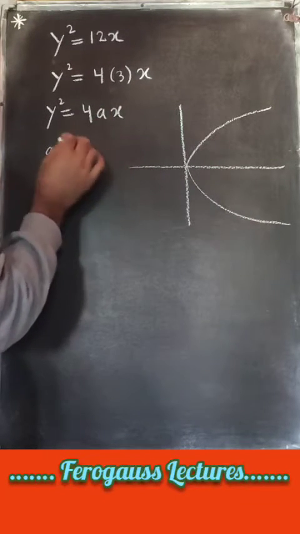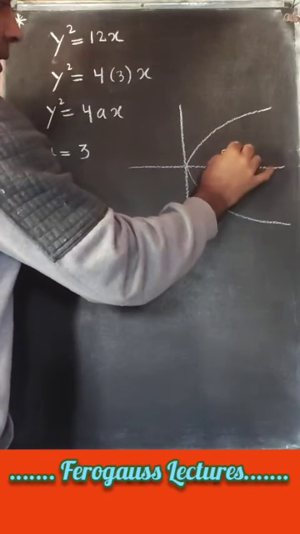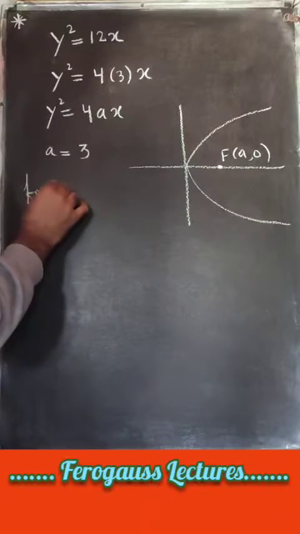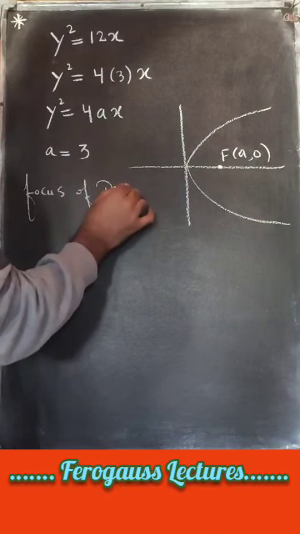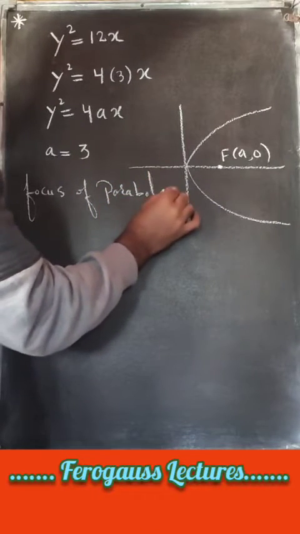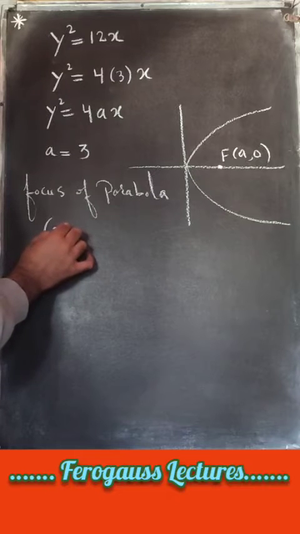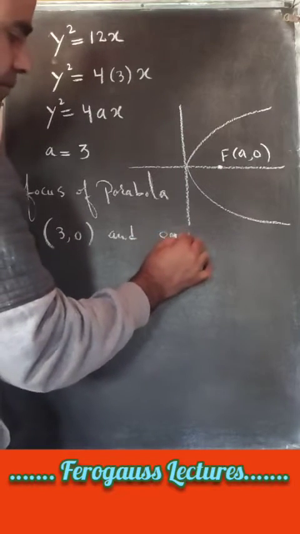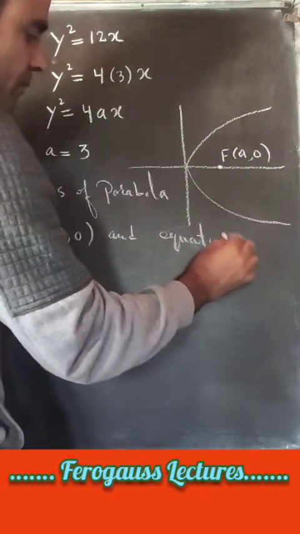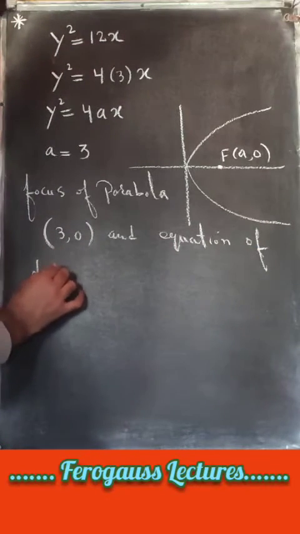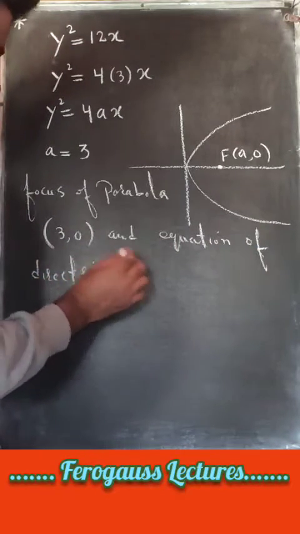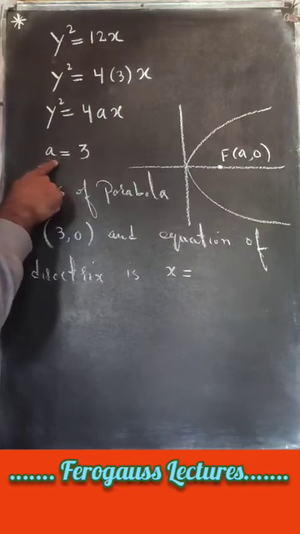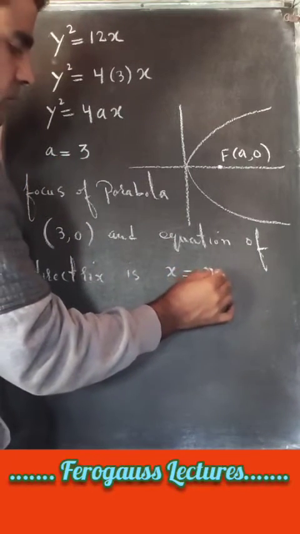Focus of the parabola is a comma 0, that is 3 comma 0, and equation of directrix is x is equal to minus a, so it is minus 3.